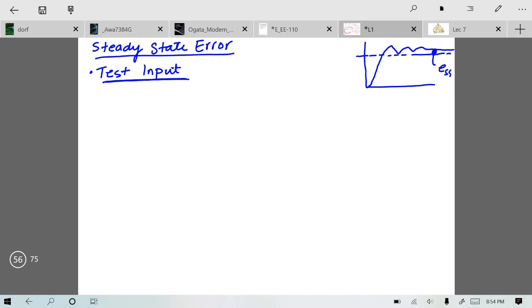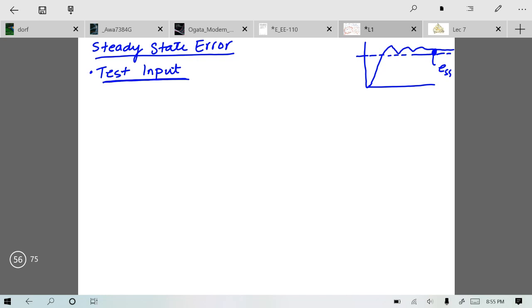Any system can have different steady state errors with different test inputs. If a system is designed for a step input and you give it a ramp input, it will give you a large steady state error. That same system will give you a minimum steady state error when you give it a step input as a test input.